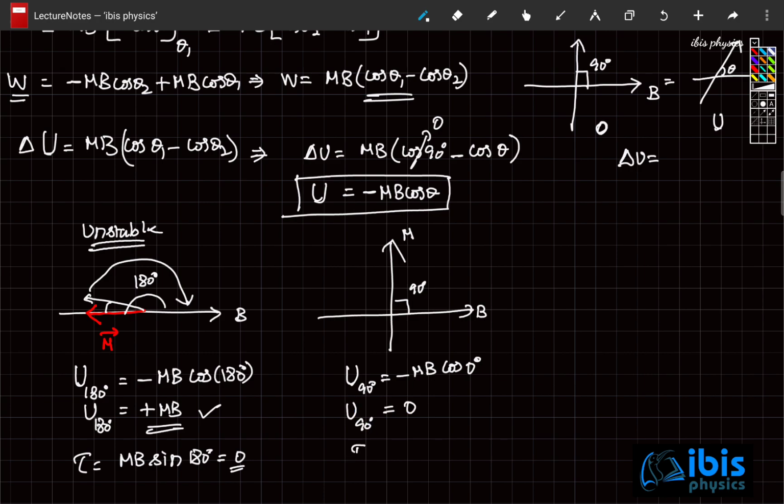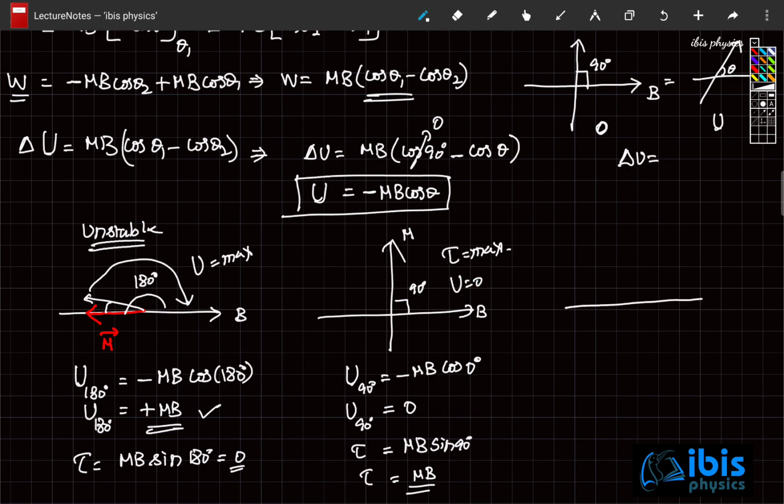And the torque at this is mb sine 90 degree. Sine 90 is the maximum value of sine, so the torque acting on this dipole is mb, that means maximum. At 180 degree position, energy is maximum. At this position, torque is maximum and energy is zero.